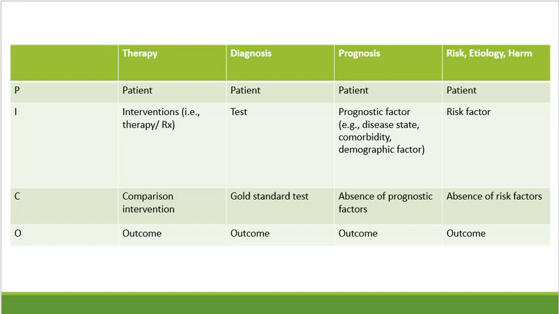And then, of course, sometimes you may be interested in risk or harm. For example, maybe from a negative outcomes perspective, what's the harm that could be done to a patient if they utilize a certain medication with a different comorbidity.